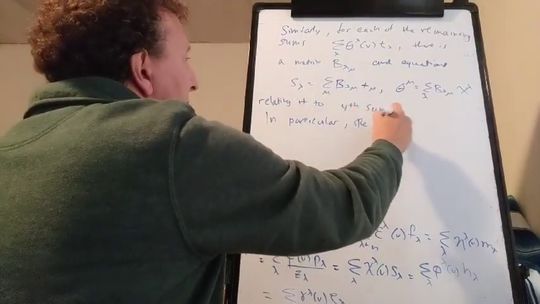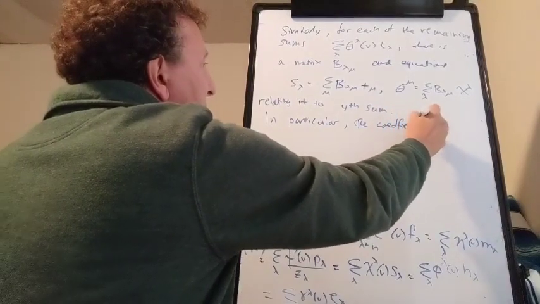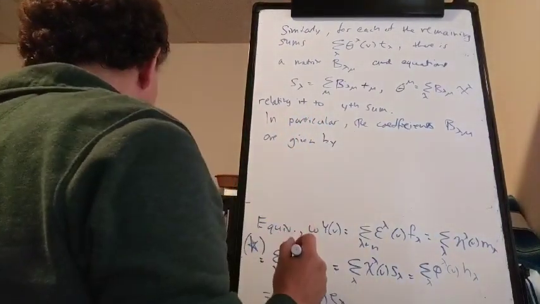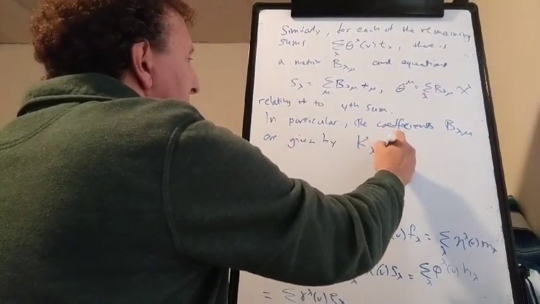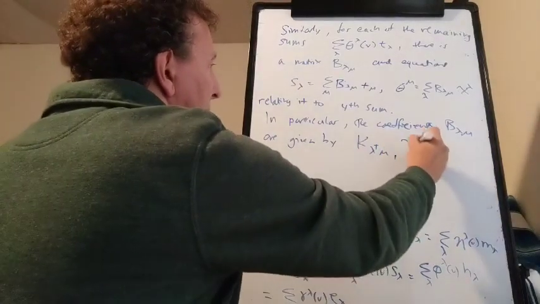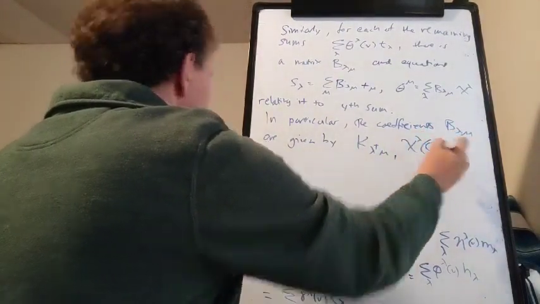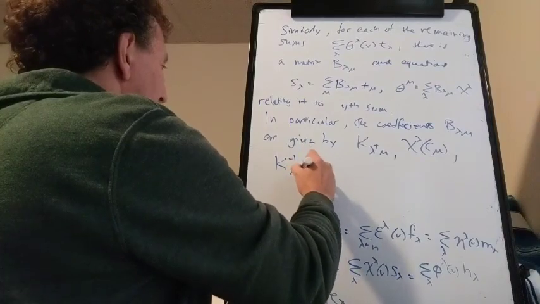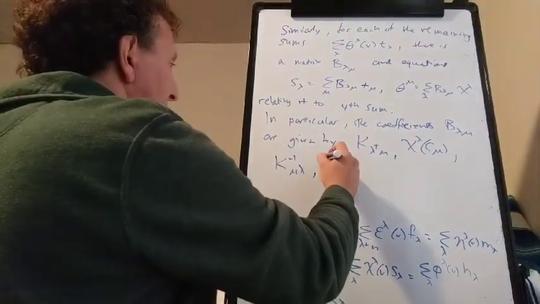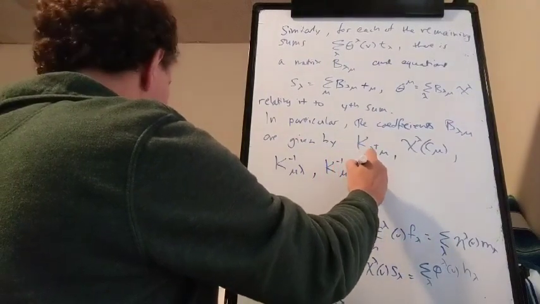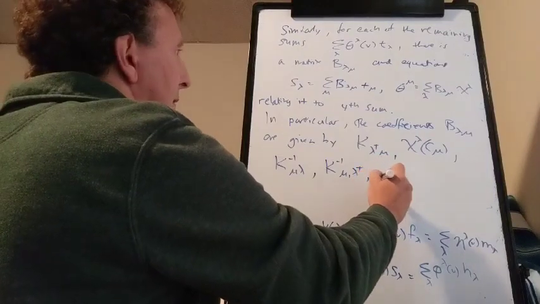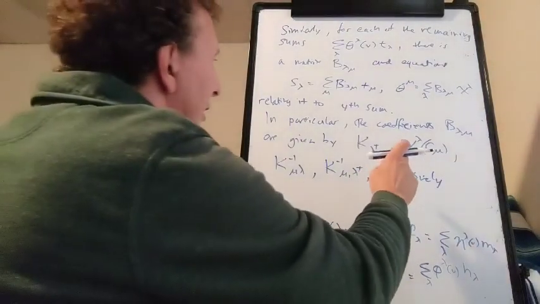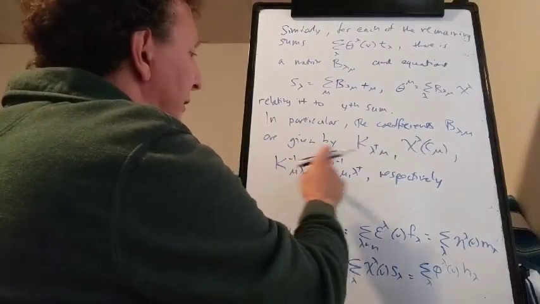So in particular, the coefficients b lambda mu are given by Kostka numbers with the first partition transposed, irreducible characters, and then inverse Kostka numbers, which are just entries of the matrix that's inverse to the Kostka number matrix. So we have 1, 2, 3, 4 other sums.